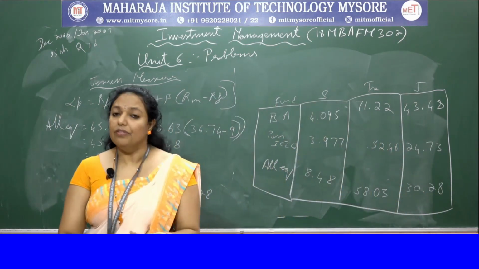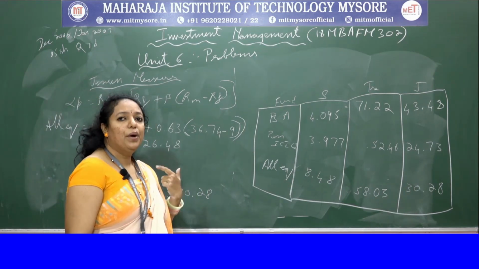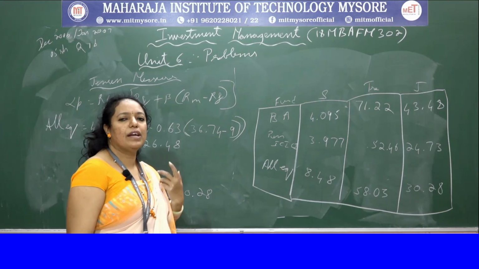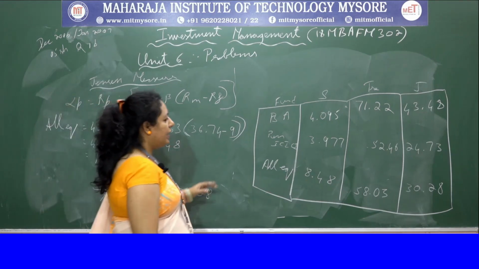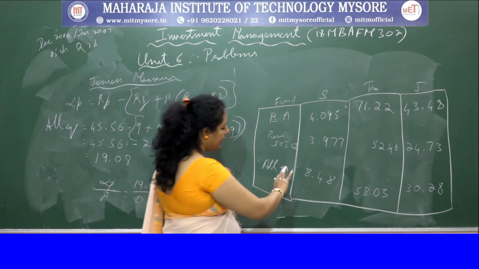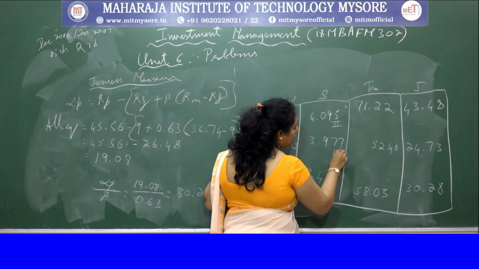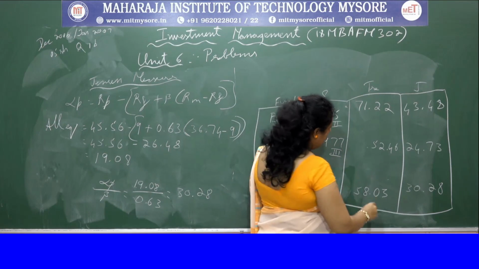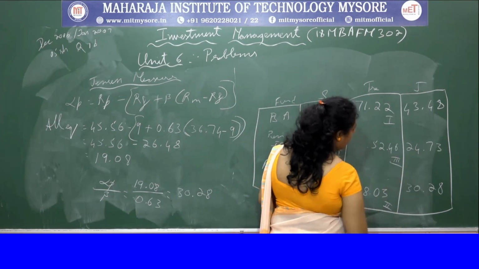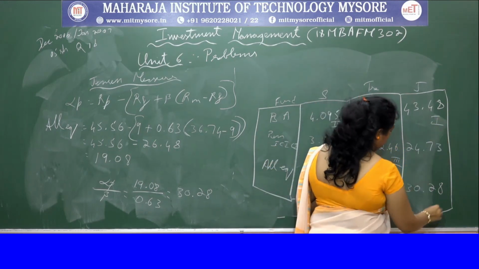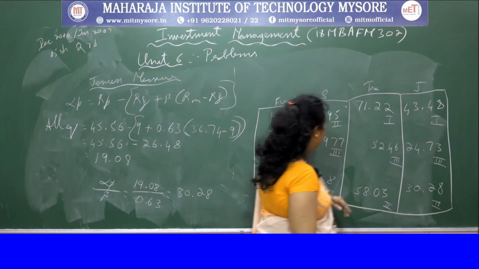Okay. So now we have completed the problem where we have calculated Sharpe, Treynor, and also Jensen along with predictive ability. Now we have to compare and give the results. For that we have to give the ranking. Let's give the ranking first. This is 1, 2 and 3, and in this it is 1, 2 and 3, and this is 1, 2 and 3.